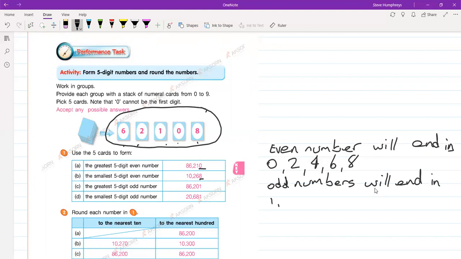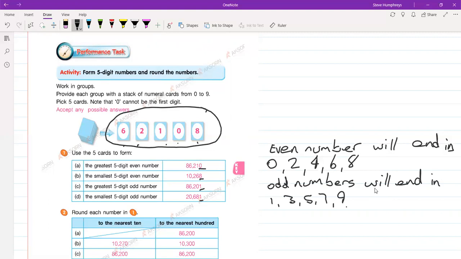Will end in 1, 3, 5, 7, or 9. Okay, so here you can see the last digit is a 1. For the greatest 5-digit odd number using these 5 numbers. And then D, the smallest 5-digit odd number.